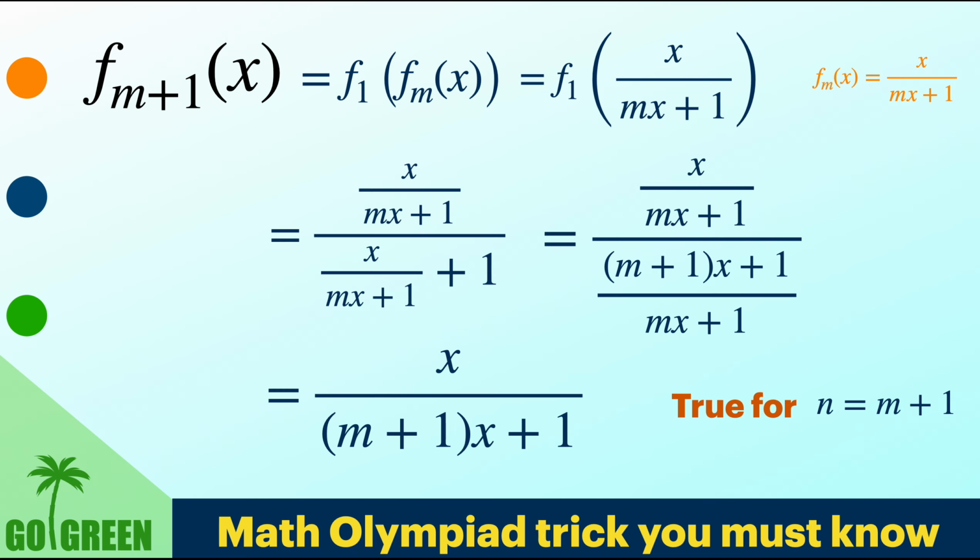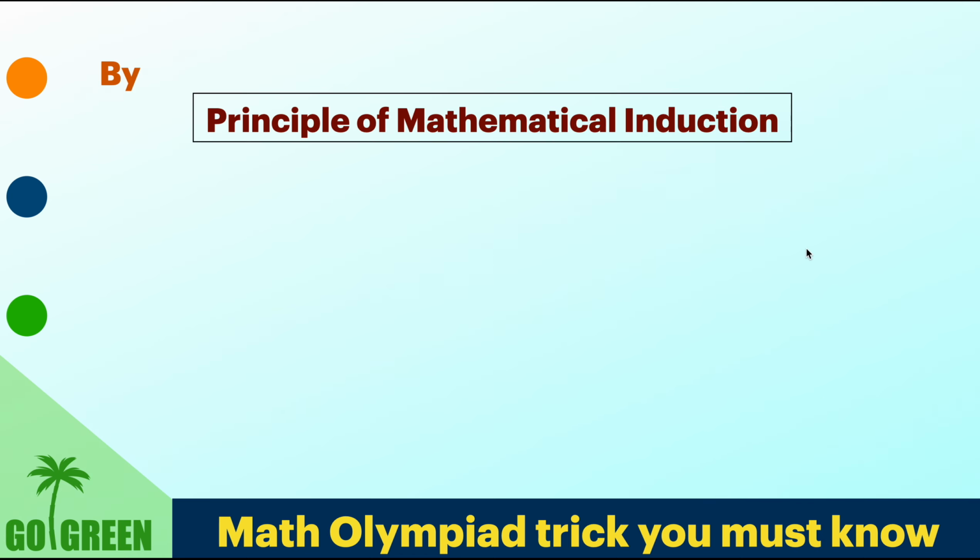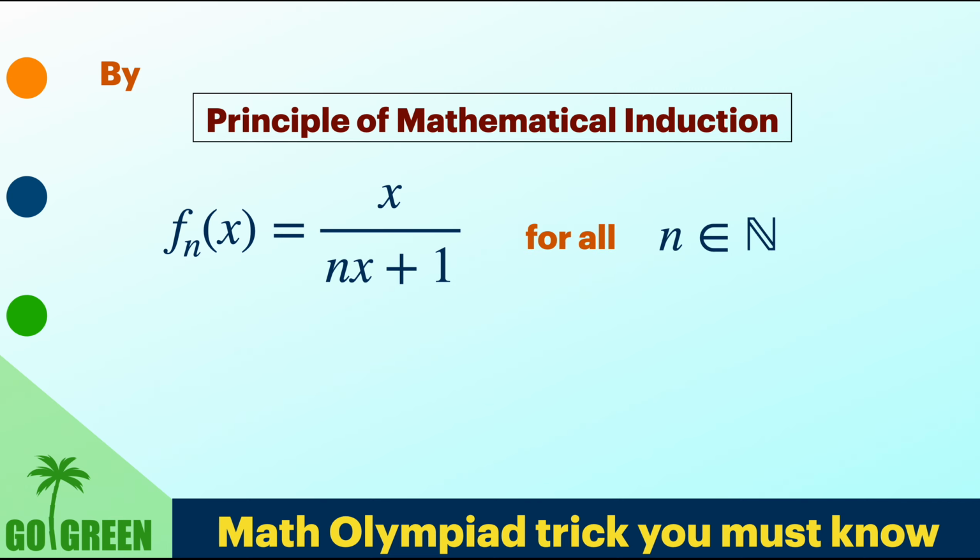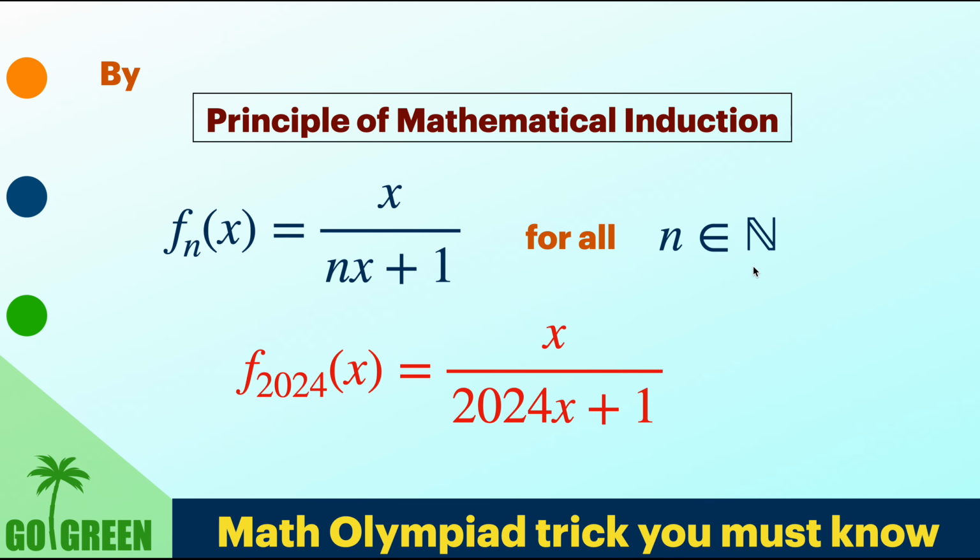So for 3 it is true, therefore it must be true for n equal to 4, and then n equal to 5, and so on. Therefore, by the principle of mathematical induction, we can conclude that fn(x) is x over nx plus 1 for all natural numbers n. Now once this expression is valid for all natural numbers n, what is f2024(x)?